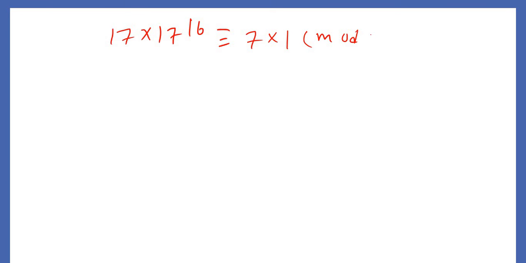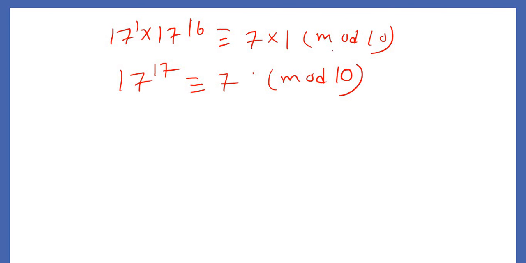Mod 10. So therefore, we will add the powers: 17 to the power 1 plus 16, that is 17, and 7 into 1 is 7. Therefore if you divide 17 to the power 17 by 10, then you will get the remainder 7. That means the last digit of 17 to the power 17 is what? 7. I hope you have understood.